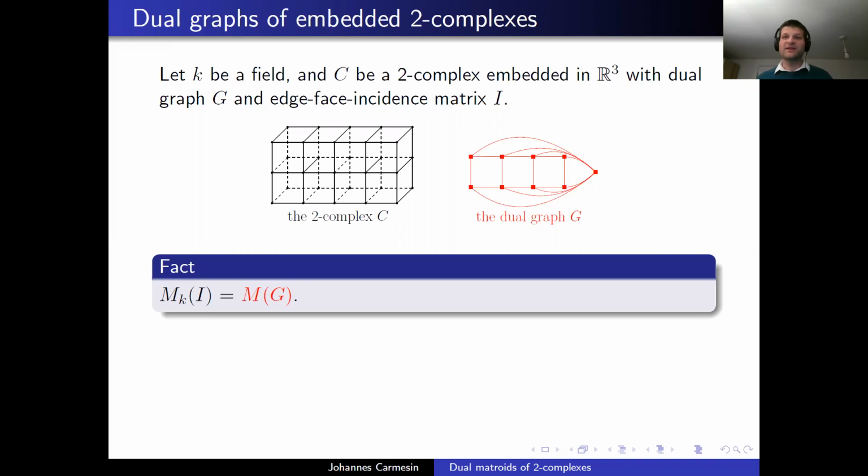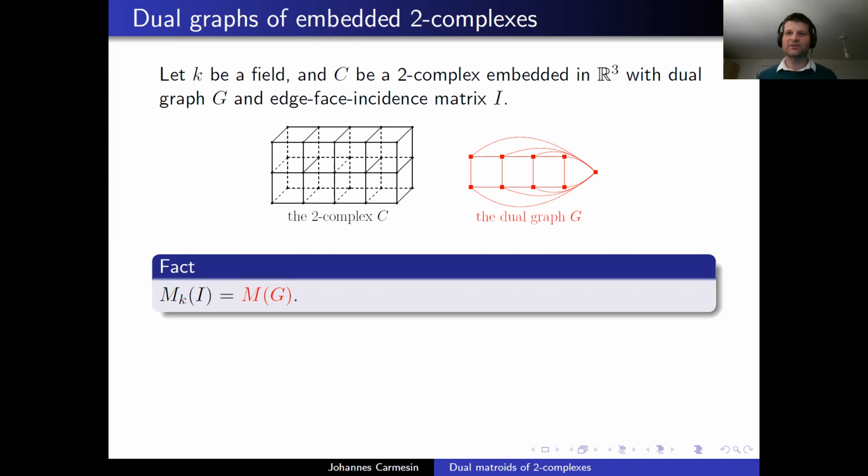This means that all these face boundaries we had generate all the cycles in the red graph. But this was precisely what we wanted to prove: that the incidence vectors of the edges generate all the cycles in the red graph. This is the proof of why this matroid M_K^1 is equal to the cycle matroid of the red graph.